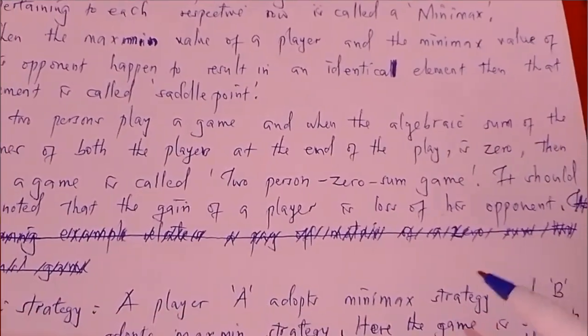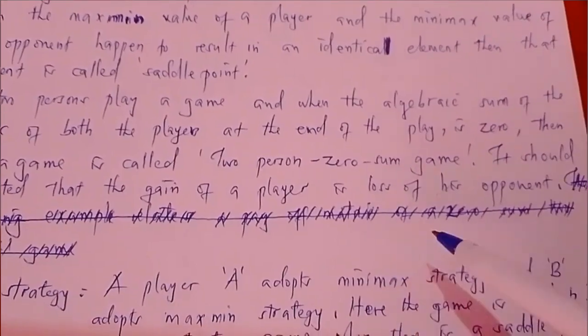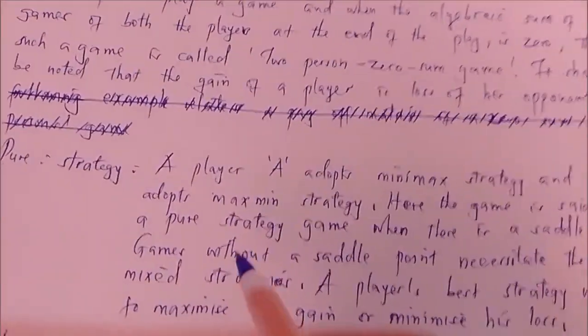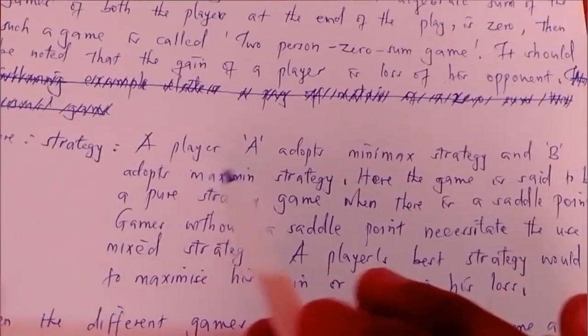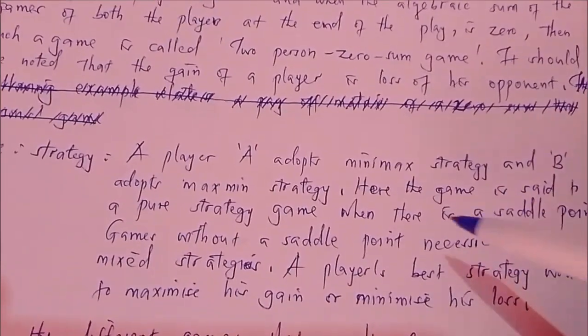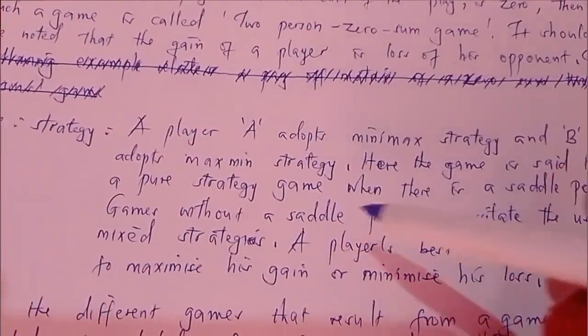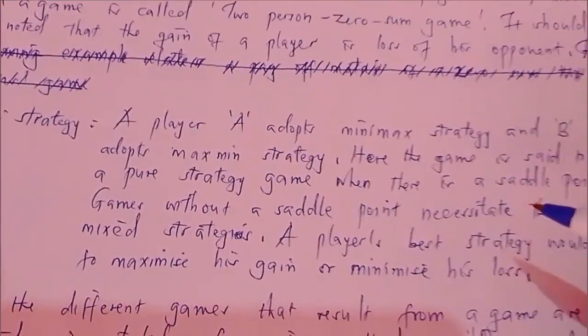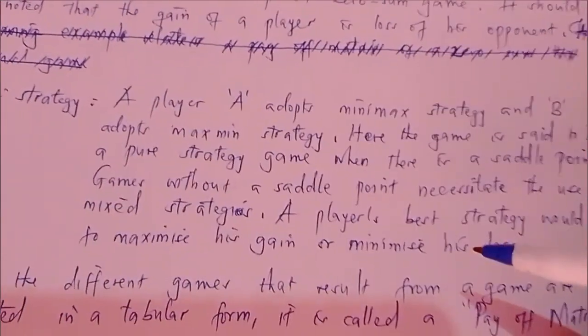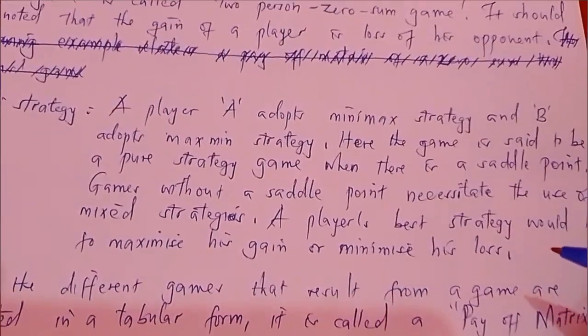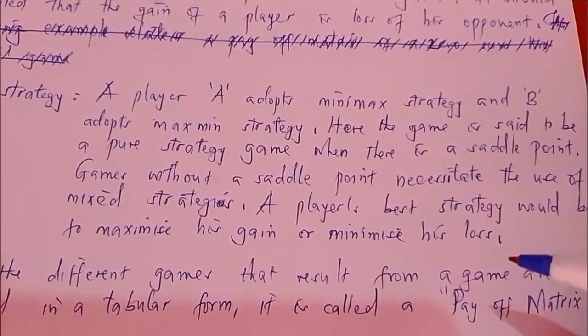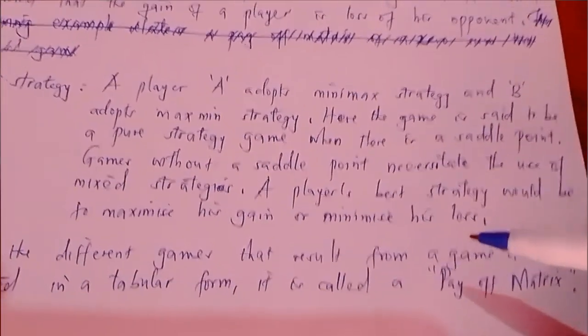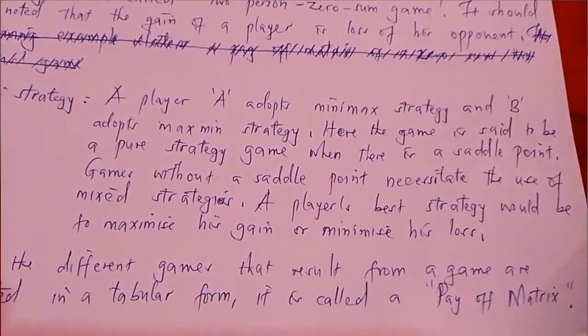It should be noted that the gain of a player is the loss of his opponent. Then pure strategy means that player A adopts minimax strategy and B adopts maximin strategy. Here the game is said to be a pure strategy game when there is a saddle point. Games without a saddle point necessitate the use of mixed strategies, which we shall look at in our next class or next video.